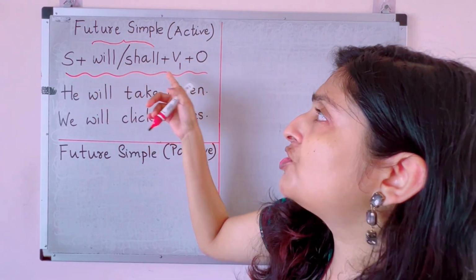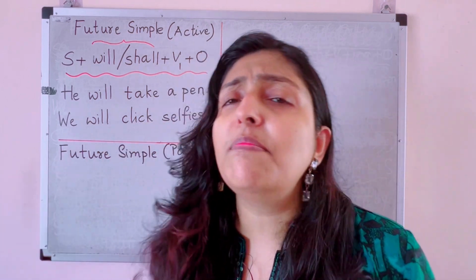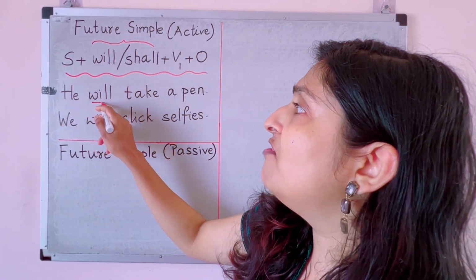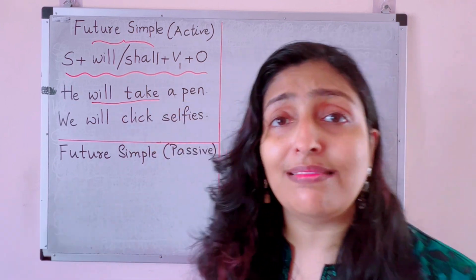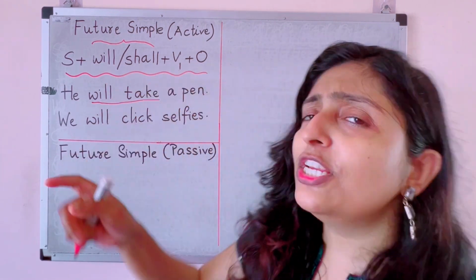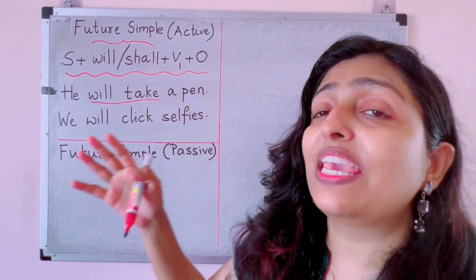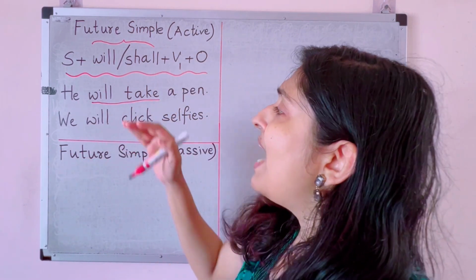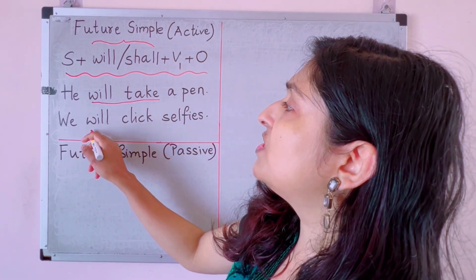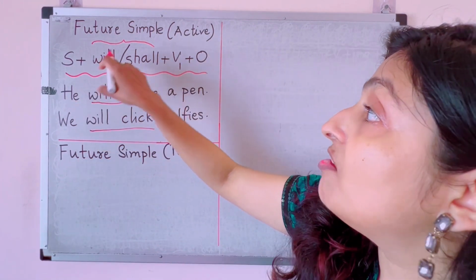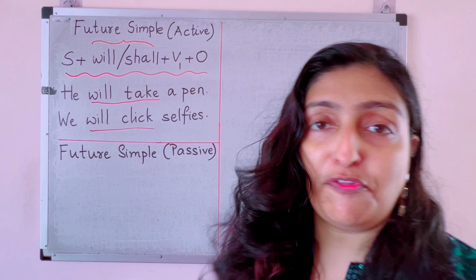Subject plus will or shall plus V1 plus object. He is a subject. He will take a pen. Will take. You need to use either will or shall, and V1 is take. He will take a pen. And the second example goes this way. We will click selfies.